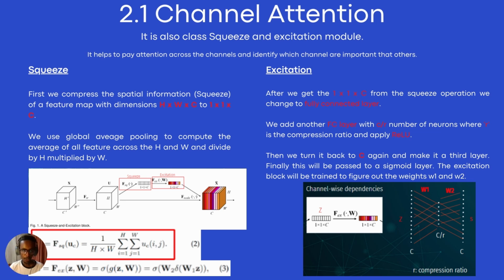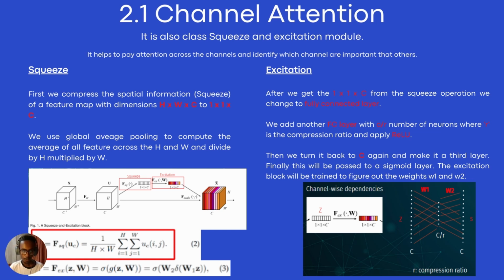Then in the excitation part, after we get the 1 by 1 by C representation from the squeeze operation, we feed them into a fully connected layer. As we can see in the image on the right, we have C neurons in the first layer. We add another fully connected layer with C divided by R neurons.